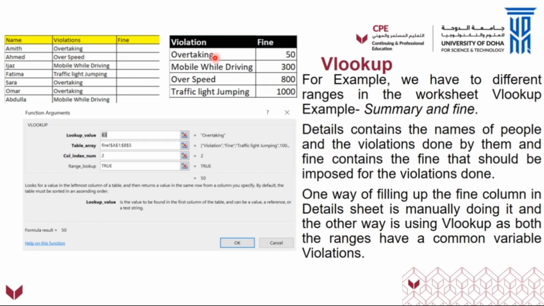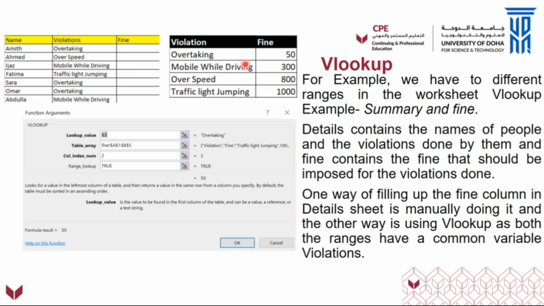One way of doing it is, okay, overtaking, fine is 50, so write it over there. Overspeed, fine is 800, write it over there. Mobile while driving, fine is 300, and so on. Another way is by using VLOOKUP. The good thing about VLOOKUP is that the fines might change at any time, and I don't have to go and change them over here.